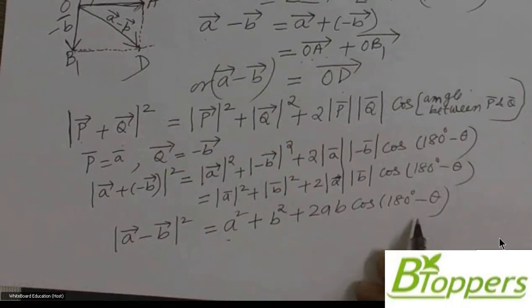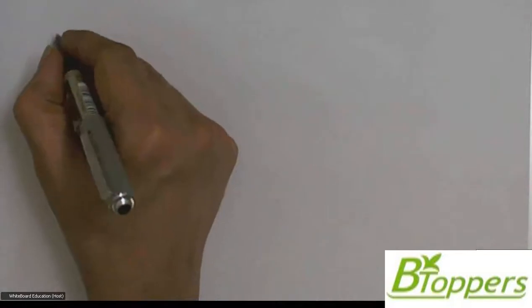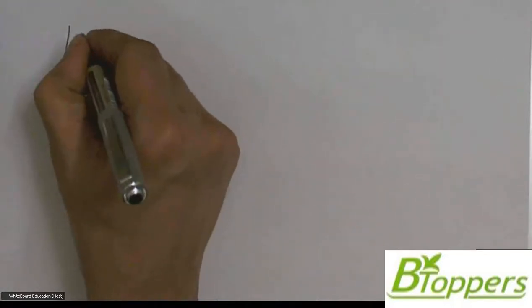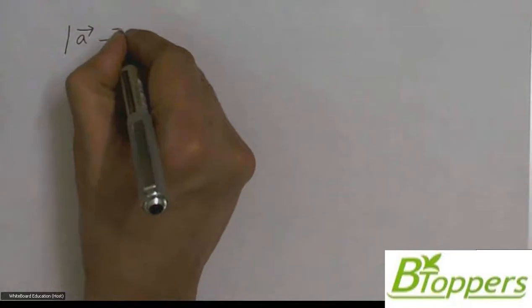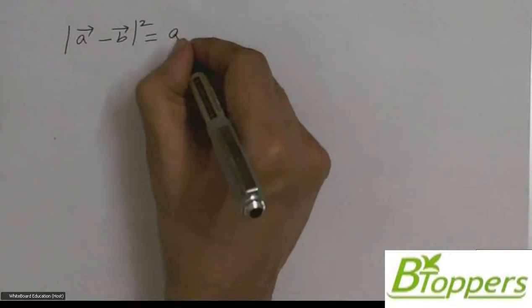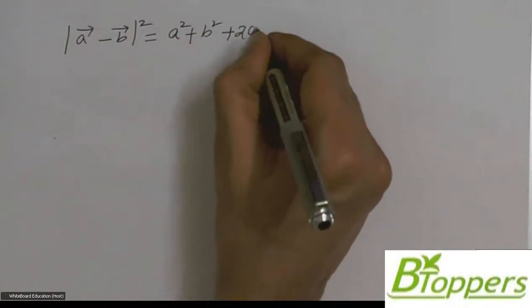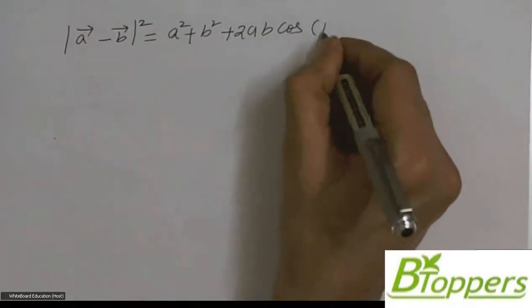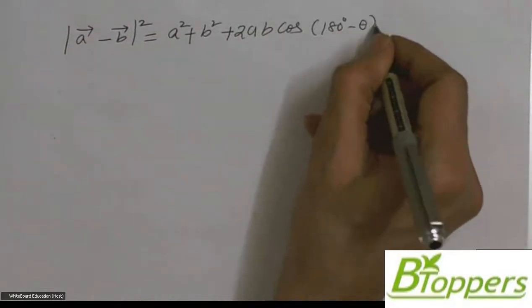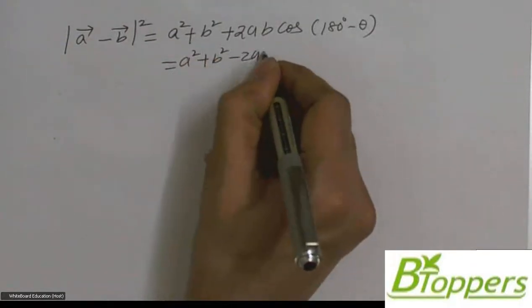From trigonometry, cos 180 degrees minus theta can be written as minus cos theta. So we have arrived at the conclusion that the square of the magnitude of the vector difference A bar minus B bar is equal to A square plus B square plus 2AB into cos 180 degrees minus theta, and cos 180 degrees minus theta can be written as minus cos theta.